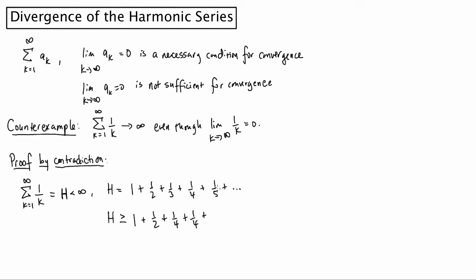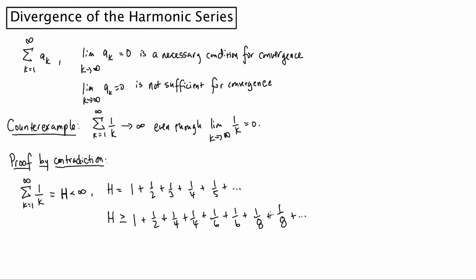I'm going to replace 1/5 with 1/6, which would be the next term. Then I'll replace 1/7, which would naturally occur here, with 1/8, and so on. Whatever h was, this new series that I've substituted in is now smaller.